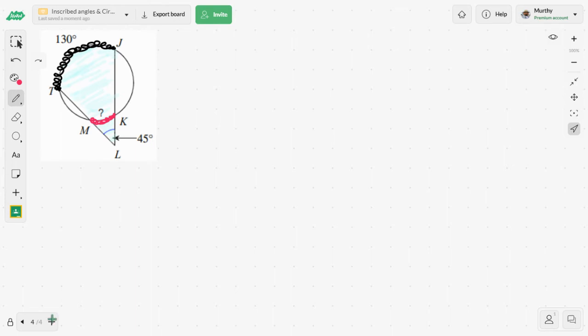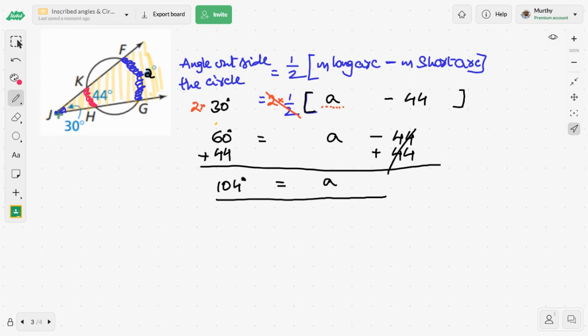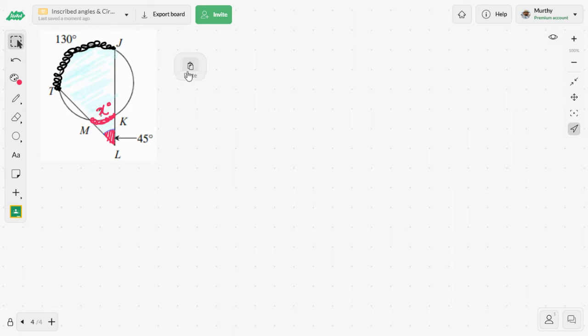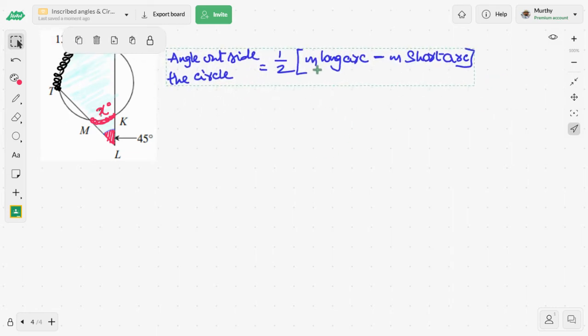I don't know the value of this angle, so let me assume that this is x, and the angle outside the circle is given as 45. Let's go back and take the same rule. Please don't forget, I want you to write this formula every time. So let me write the formula here.